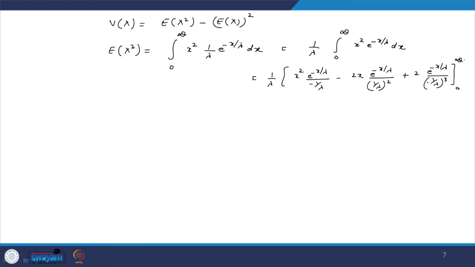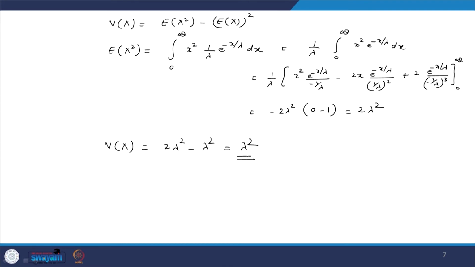Now, at infinity it is 0, at 0 it is 0, again at infinity it is 0, at 0 it is 0, only this term is left, and this is equal to minus 2 lambda square into 0 minus 1, which is 2 lambda square. So, variance of x will be 2 lambda square minus lambda square, which is lambda square.